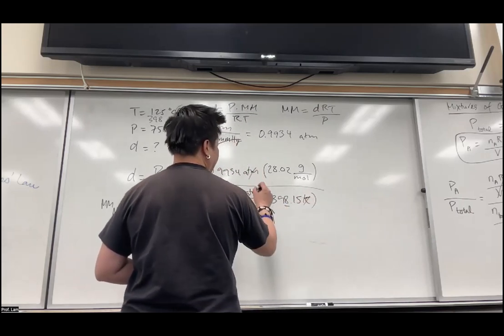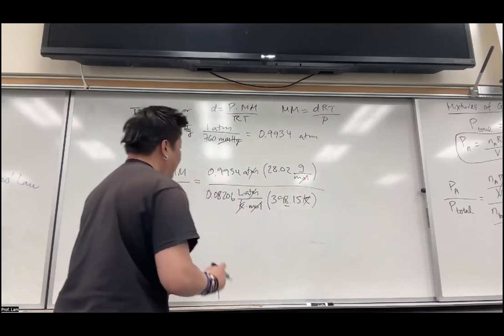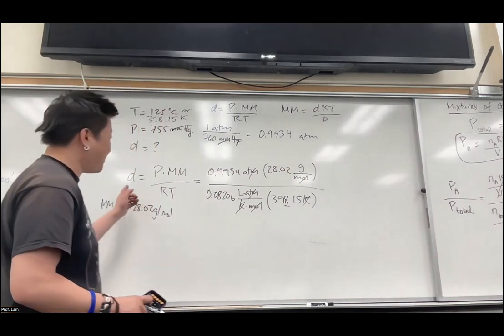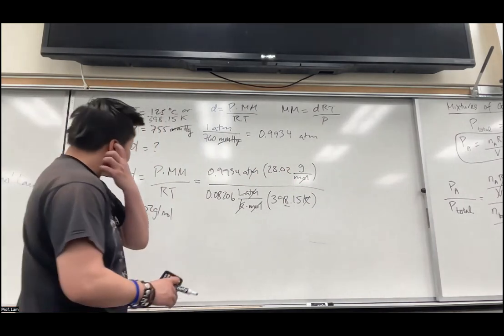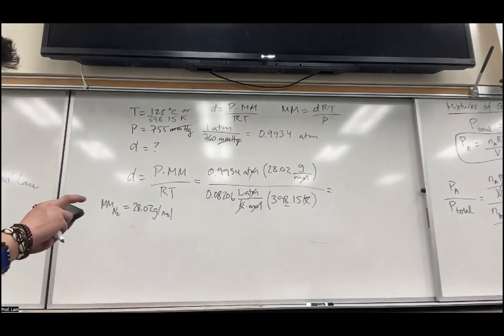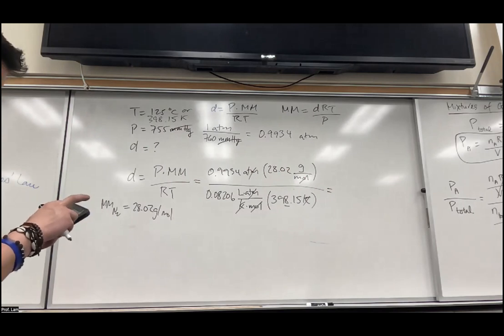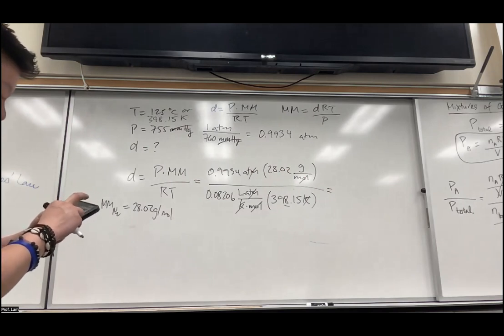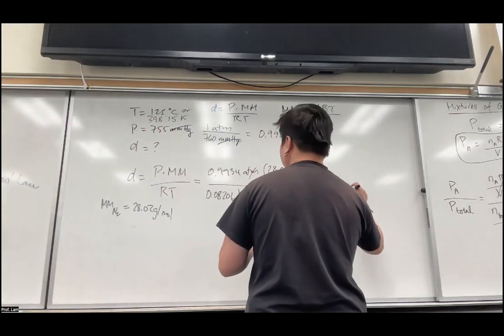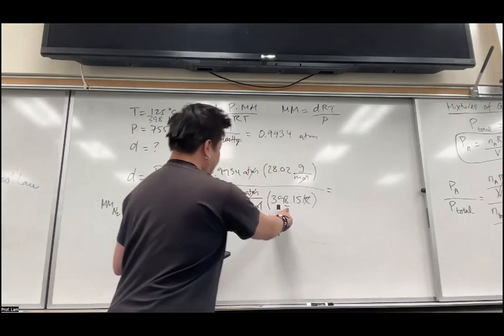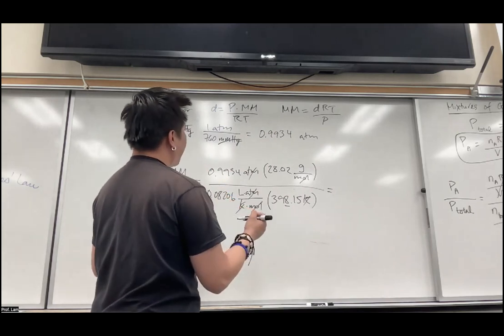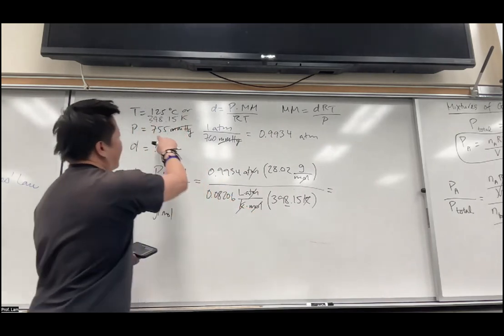Kelvin cancels, atm cancels, mole cancels. And what do we have? Grams over liter. That's a mass over a volume unit, because we're being asked for density. So that's nice. Always check your units cancel so that you know you're on the right track. Three sig figs, because I just underlined that, and we also started out with 755.